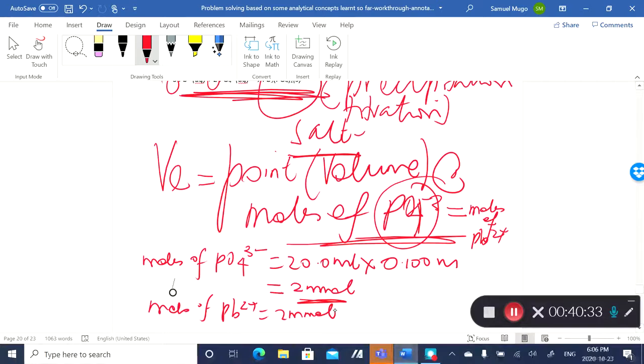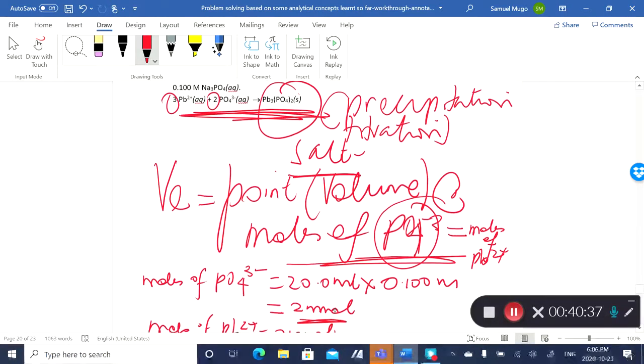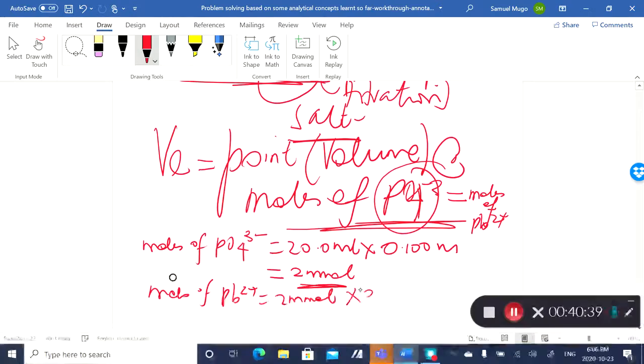Now the moles of lead used is not at 1-to-1 stoichiometry. In this case it's 3-to-2, so I need to take 3/2 of the 2 millimoles you've already calculated, which gives 3 millimoles.